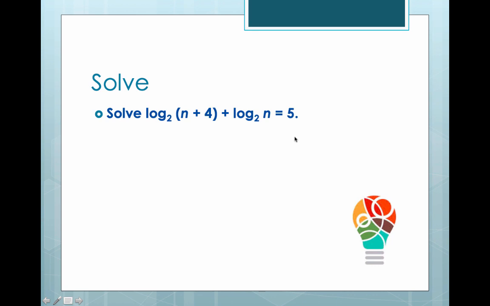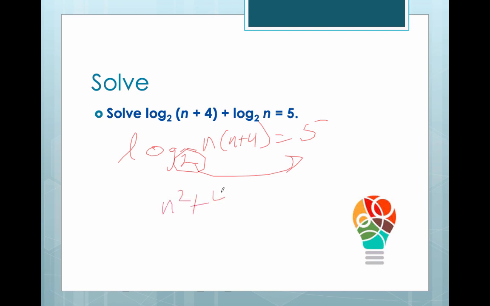Good stuff. Okay. Again, you can tell before you start that I have log number. So I'm going to make this into a single log, and I'm going to make it into n, and n plus 4 equals 5. And again, I have a single log. It's got to be n squared plus 4n equals 2 to the 5th. 2 to the 5th is 32 the last time I checked.